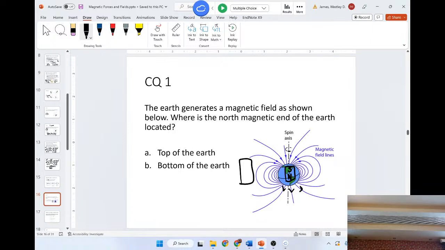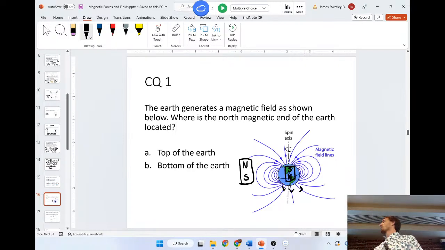If this is the north down here, what end is going to be attracted to that? The south end. Opposites attract. And the south at the top of the Earth is going to attract the north end. So the north end of a compass points that way, because the Earth's magnet is the other way around. Just a fun fact for you all.